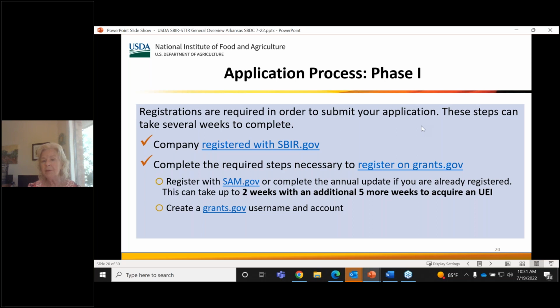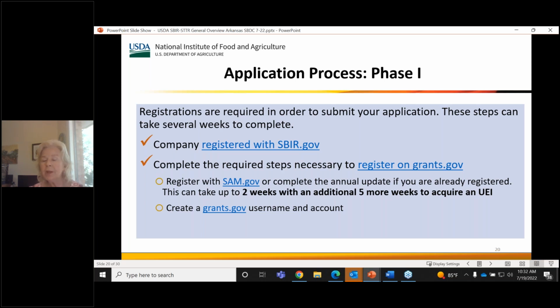Or if you're already registered with SAM.gov, then make sure you do the annual update, because there is an annual update that's required. So make sure that's done. Now, if this is your initial registration with SAM.gov, this is kind of a warning that it can take a while.